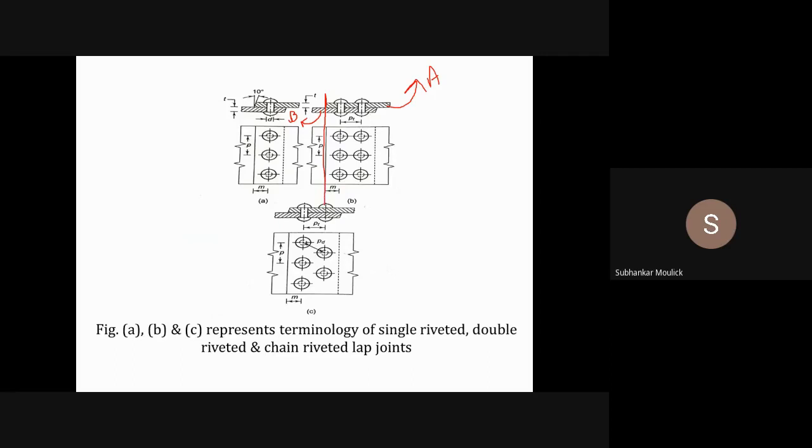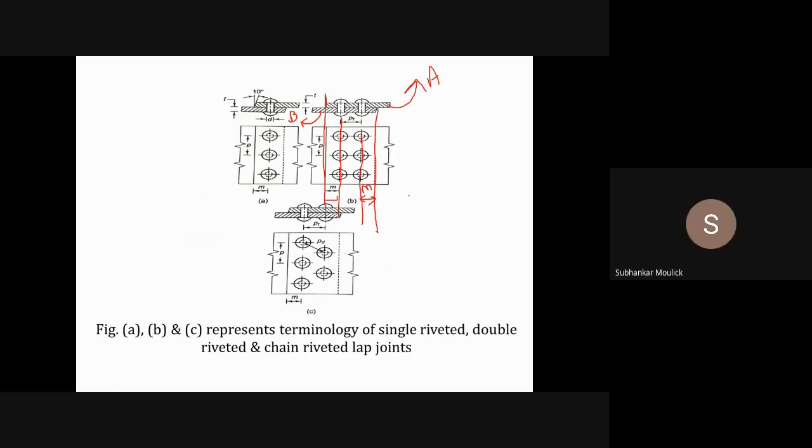If I consider plate B, the nearest edge to the rivet is this particular edge. Then from this edge to the center line of the rivet hole, this is margin m. Is it clear? Yes, sir.